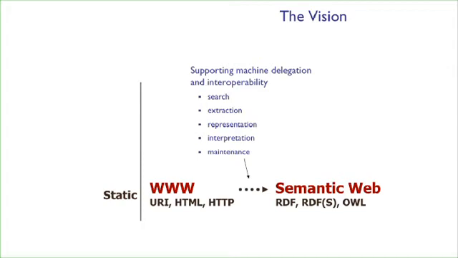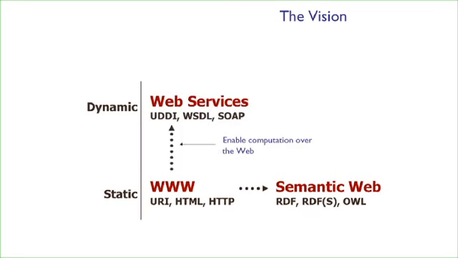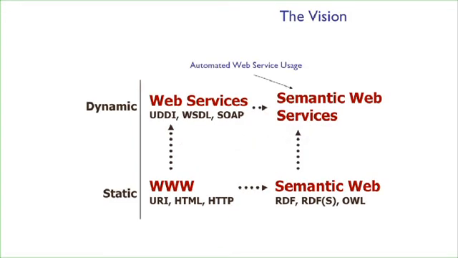Then we can think about the semantic web, which is a machine-readable web. So now you can automate various tasks, such as search and others here, to machines. We have web services, where we provide the functionality of computation, and also that these web services can be a proxy for business services. And then we can combine the two together with semantic web services, where we're somehow automating the usage of the web.